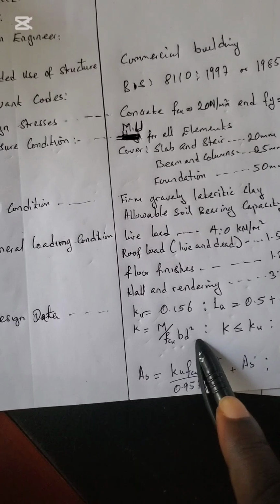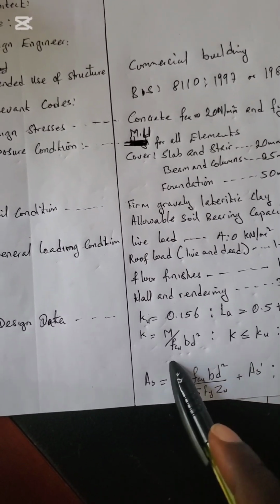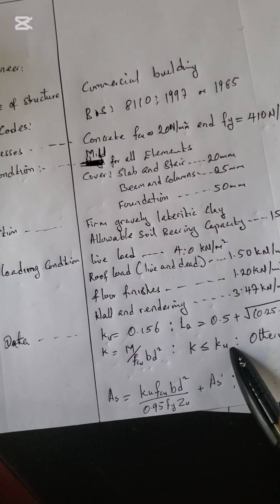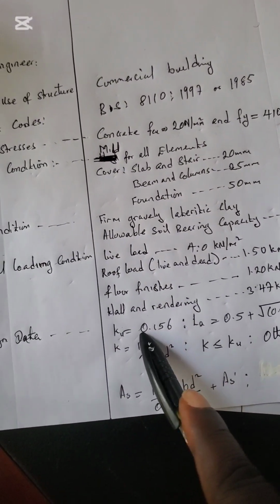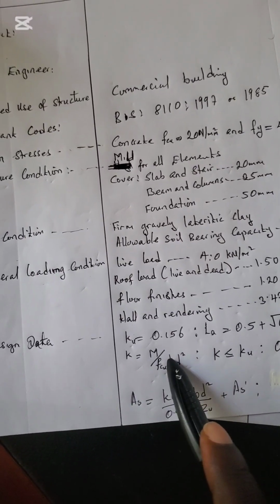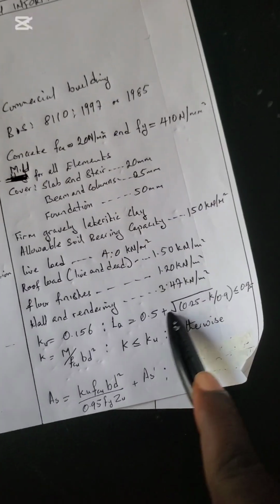This depth, we will explain later when we are designing. Then we said K must be less than KU. KU is 0.156, and you must get the value of K from this point. If K is less than KU, you get your lever arm from this formula.